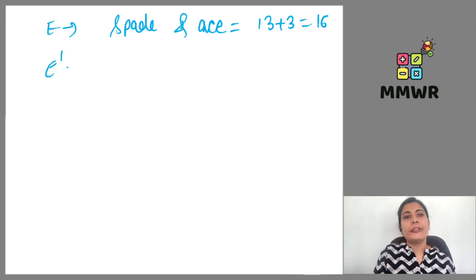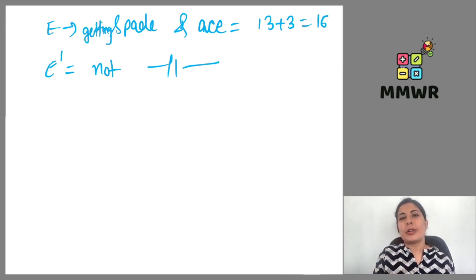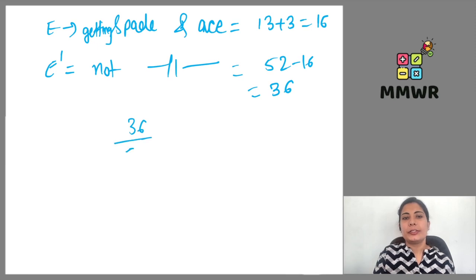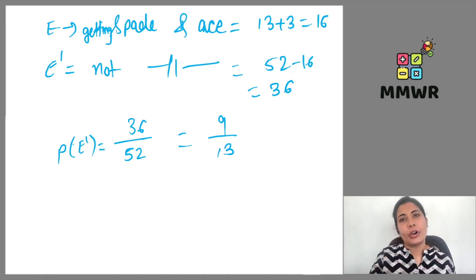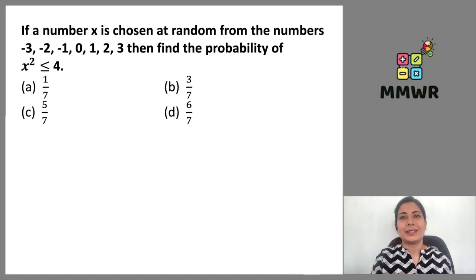So not getting a spade or an ace will be 52 minus 16, which is 36. So 36 upon 52 gives us the answer. 4 nines are 36, 4 13s are 52. So the probability of neither a spade nor an ace will be 9 upon 13.